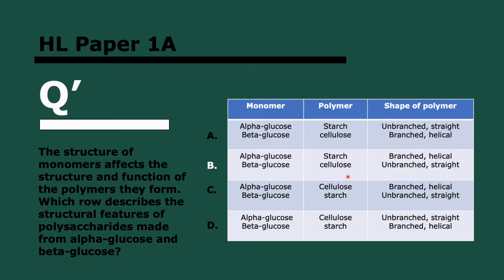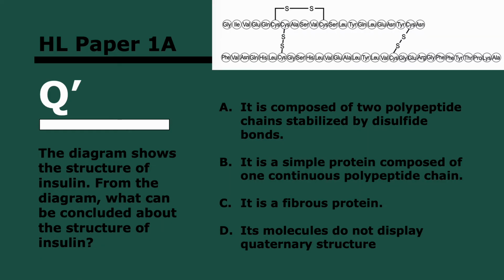Remember, cellulose is the only polysaccharide made of beta glucose, whereas starch and glycogen are made from alpha glucose. So now you would be between A and B. The reason why it's B is because starch is branched and cellulose is unbranched. Remember, that's really important because cellulose needs to be straight so that it can pile up and form those really, really rigid structures in plants.